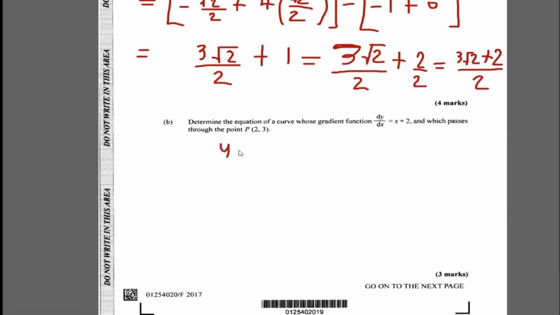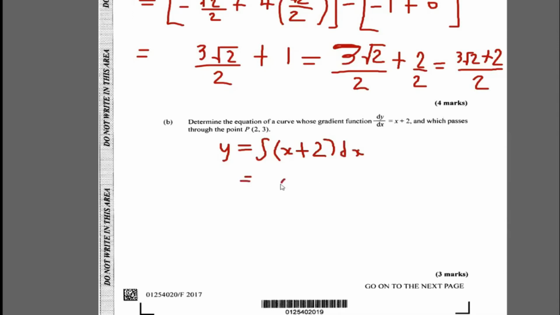y is equal to the integral of dy by dx, and so y is going to be equal to the integral of x plus 2 dx.